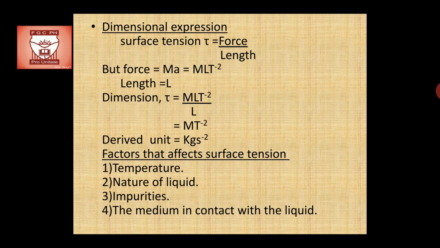Now, factors that affect surface tension. We have number 1, temperature. Number 2, nature of liquid. Number 3, impurities. And number 4, the medium in contact with the liquid.